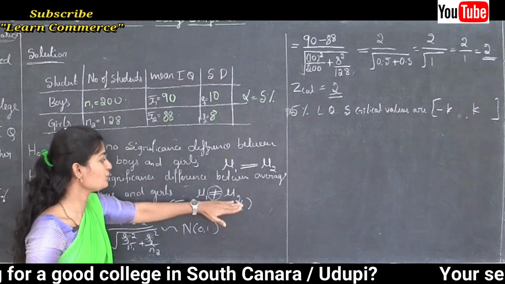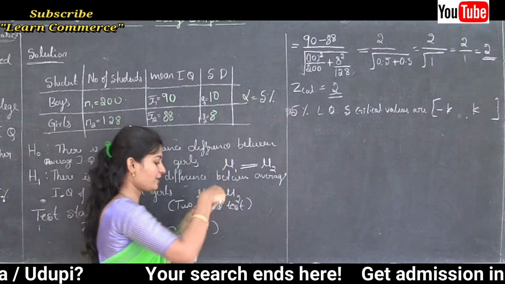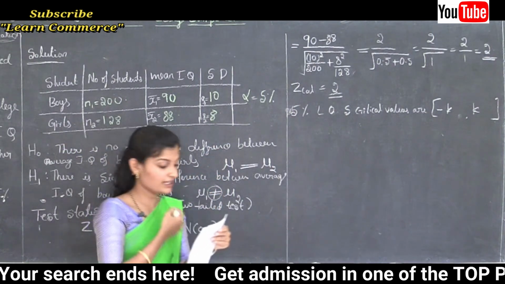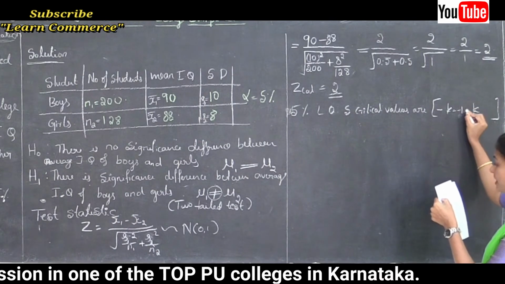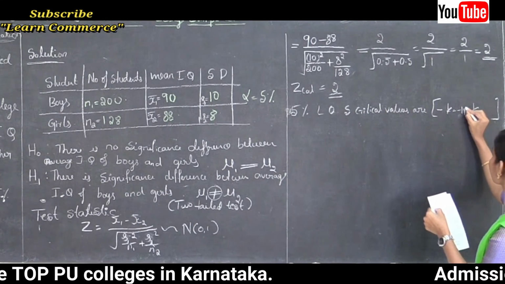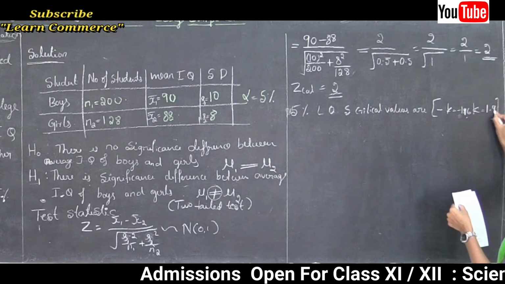This is a two-tailed test and alpha is 5%, so the critical values are minus 1.96 and 1.96.